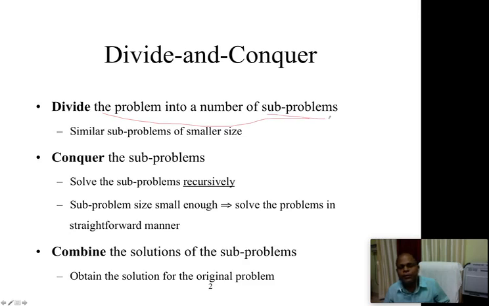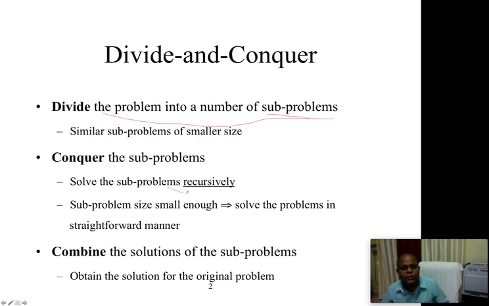Sub problems means problems having smaller size, and then conquer the sub problem, that means solve the sub problem. How will we solve the sub problem? Solve the sub problem recursively. That means in divide and conquer also recursion is used.